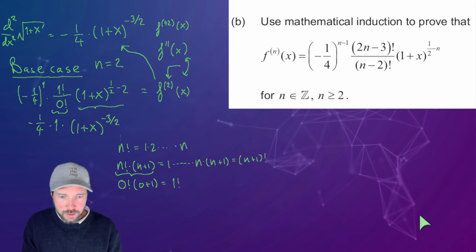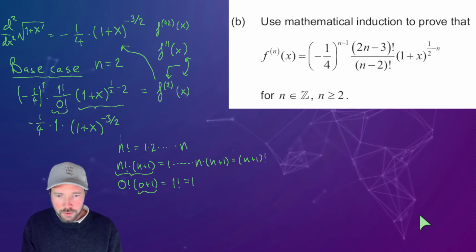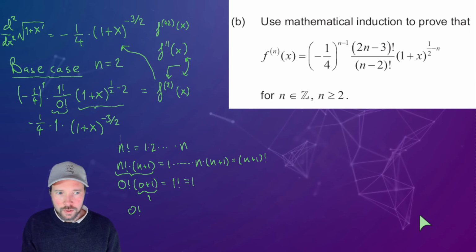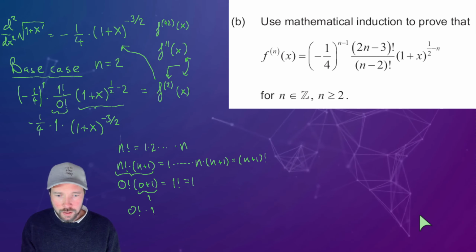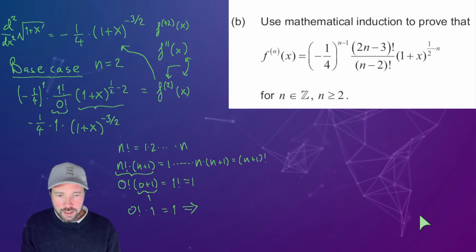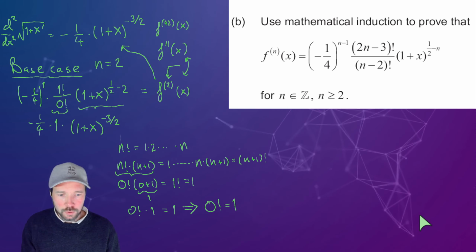So this must be 1. But this is also 1. So we have the factorial of 0 times 1 equals 1, which very simply implies that factorial of 0 must be equal to 1.